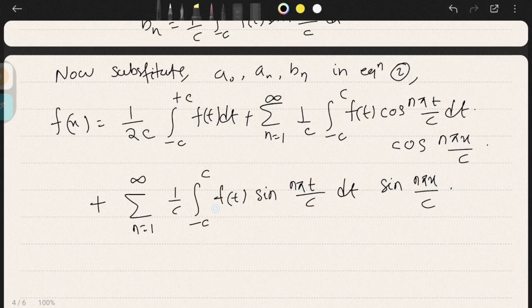This integral is over t variables only, and this one is also the same.